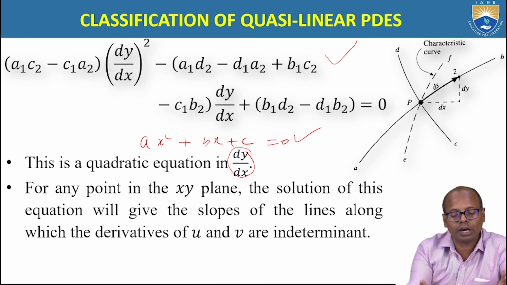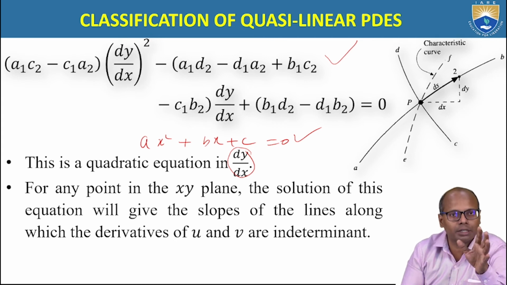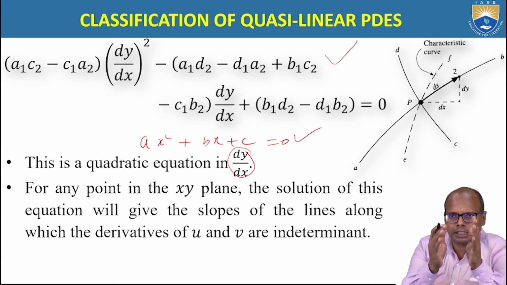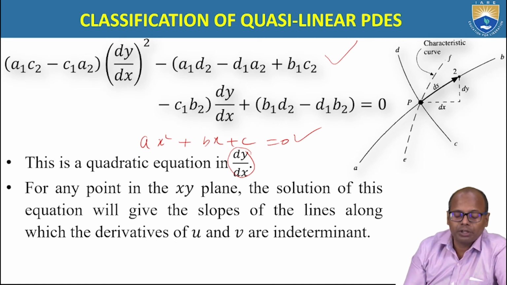So by doing what did we get this equation? By considering the determinant, the denominator of du/dx, is equal to 0. So det A is equal to 0. That is the condition where the derivatives of u and v are indeterminate. We came from that situation.